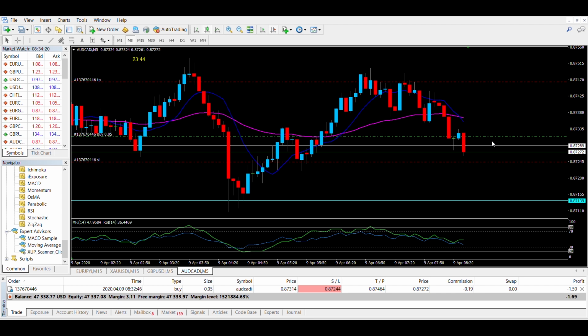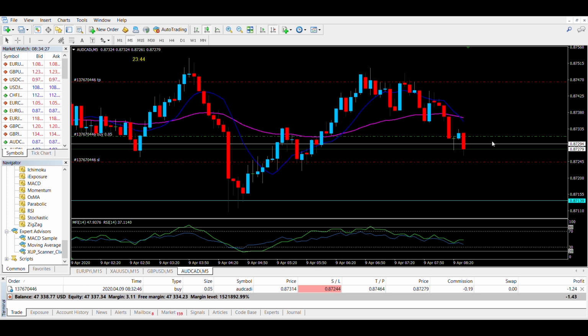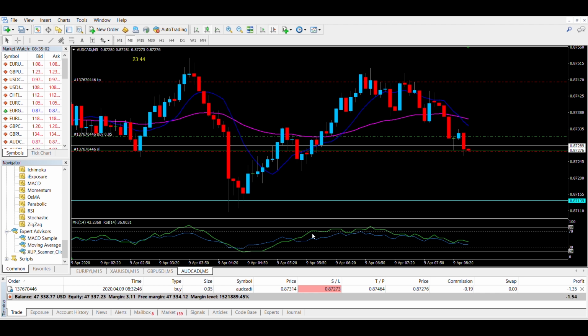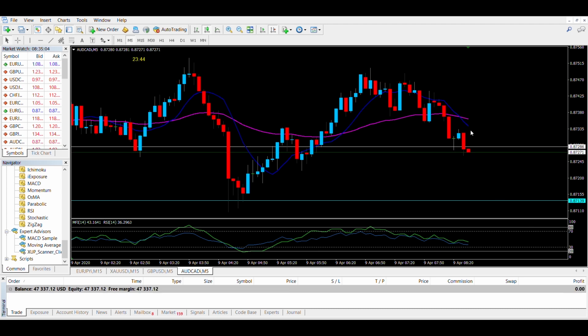So every time you get into a trade, you need to calculate your risk based on how much you are willing to lose, okay? So you see this right here? All right, so that green line crossed, you are out of the trade.